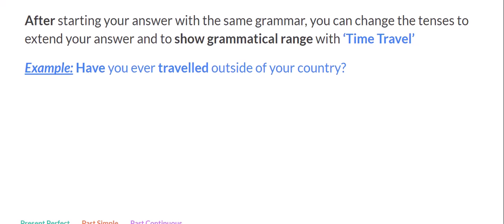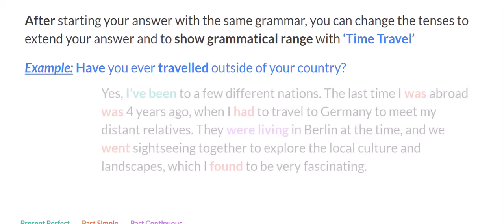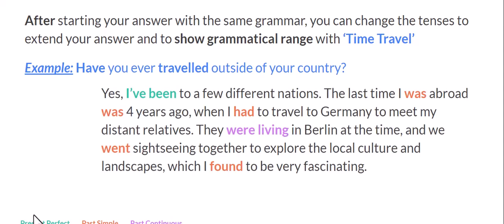Based on what I told you in the first part of the episode, we need to use the same tense that the question is related to. So you may say this answer. Let's focus on the first sentence we have here.